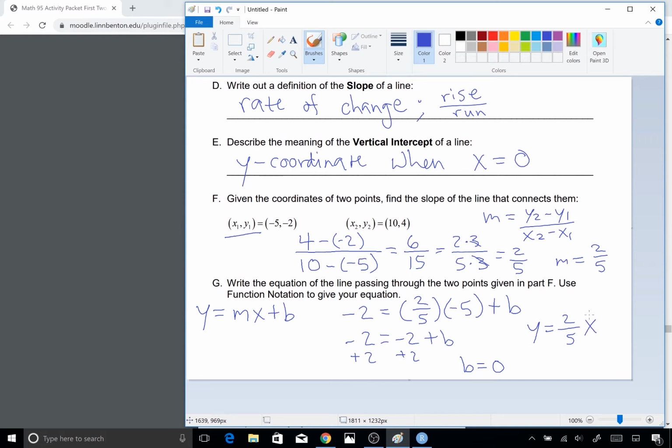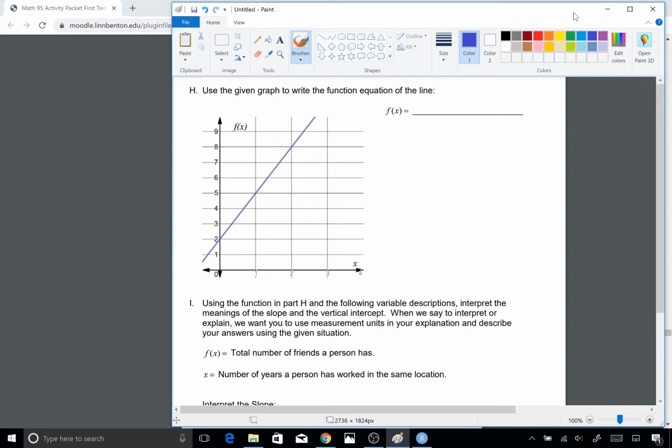Finally, questions H and I give us an example of modeling a real-world scenario with a linear function. First, let's find this function. Remember, we want f of x equals mx plus b, because that's a linear form.